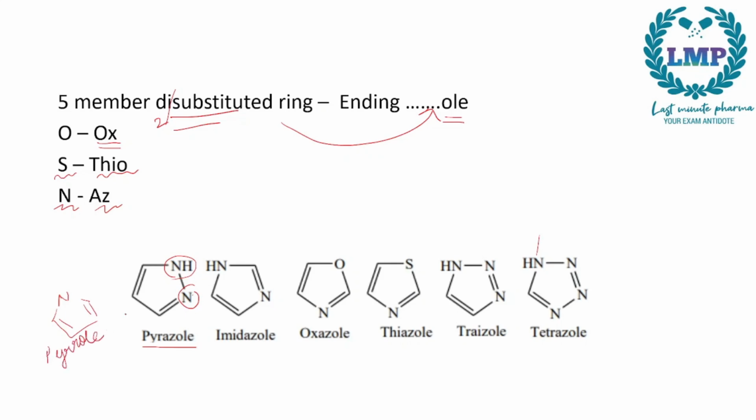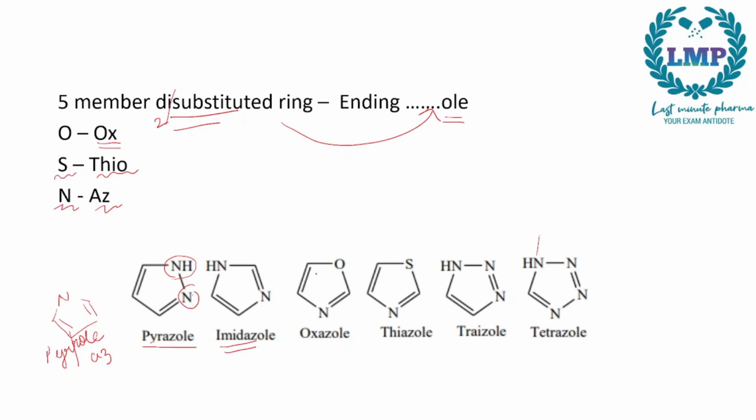A single nitrogen would be pyrrole, and since it's another nitrogen, we will name it pyrazole. Now if it is 2 nitrogens alternating with each other, we will call it imidazole.